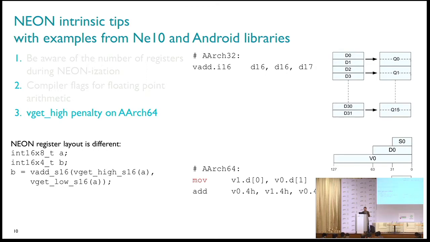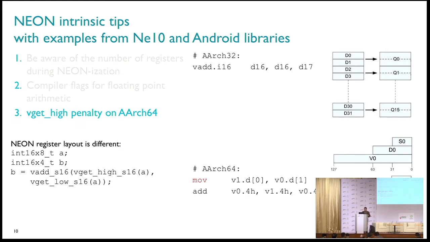So the higher half of Q0 is D1. But on ARC64, they are not overlapped. D1 is the lower half of V1.